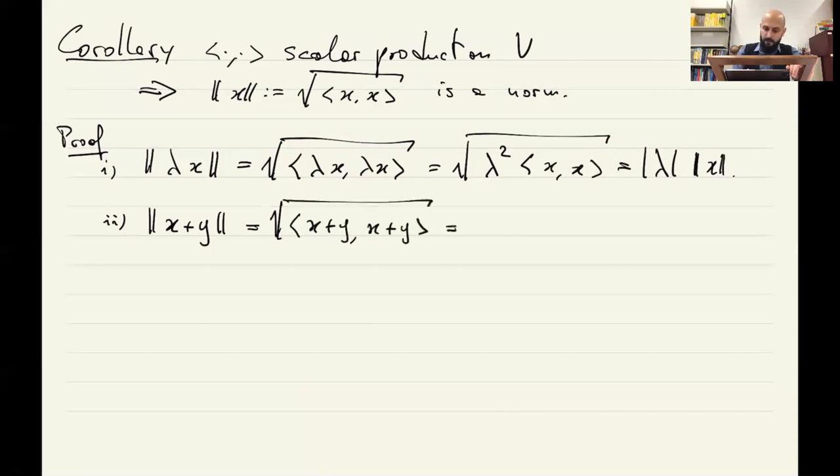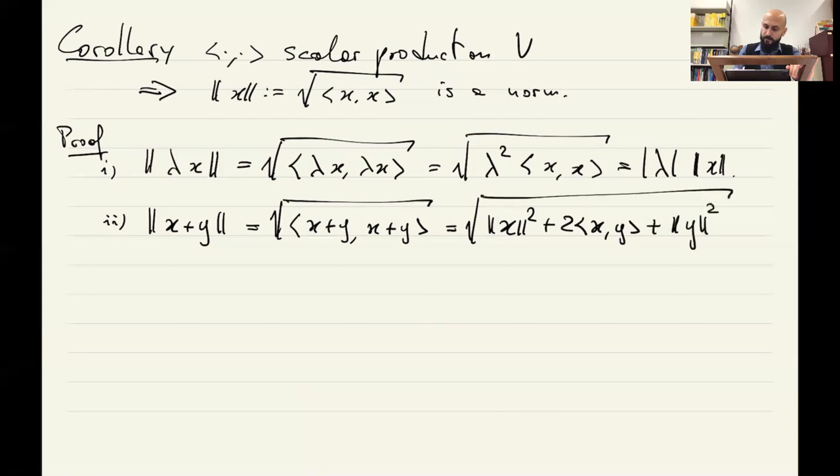Now this is bilinear, plus 2xy is bilinear. Okay, and now we use Cauchy-Schwarz. This Cauchy-Schwarz tells us that we can bound, see, all these are positive.